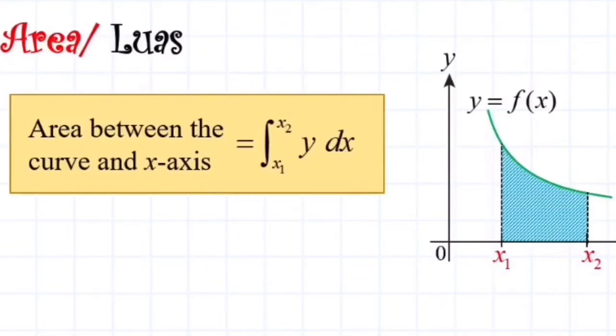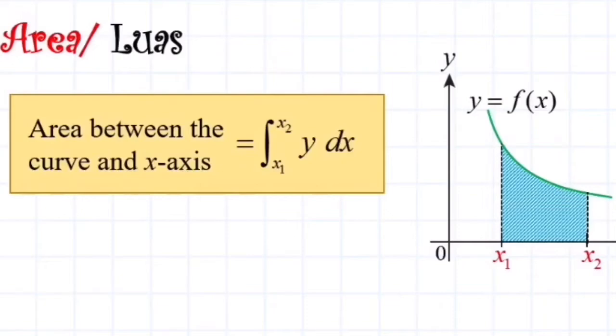After this, I will show you the example for the area bounded by the x-axis, or the area between the curve and the x-axis. I will give you an example for each type of area.